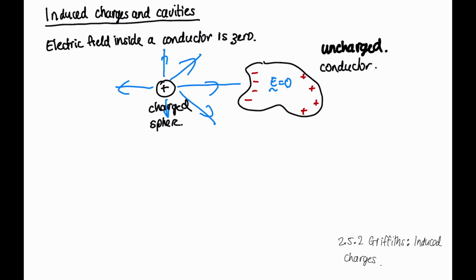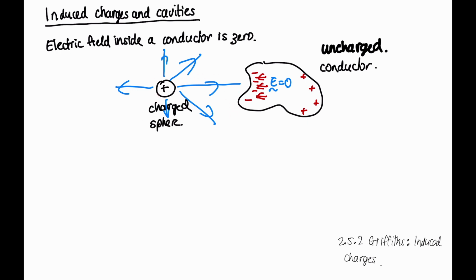And so this is going to create an electric field around here, which is going in this direction to cancel out this applied electric field here. So we get induced charges in conductors when we bring a charged particle near it.